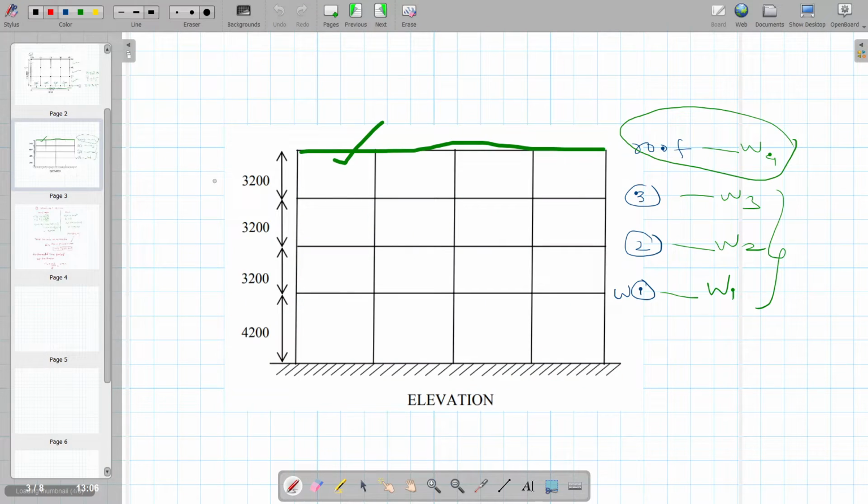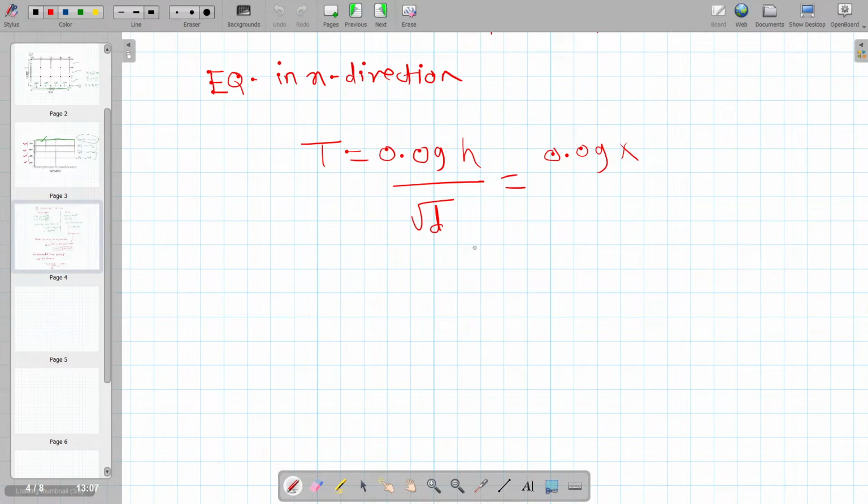Height of the building you will get here. Total height of the building in meter. You have to add this 3200, 3200, 3200 and 4200. Okay, that is in millimeter. We are calculating in meter. Hence, after calculating, we will get 13.8. It is in meter. Divided by root d, where d is base dimension in x direction.